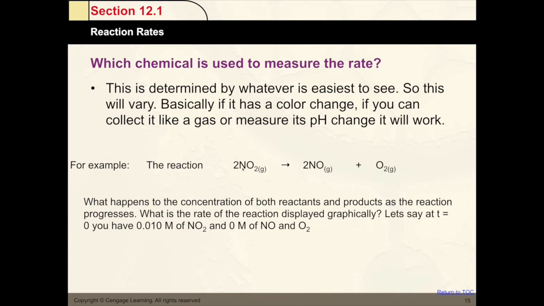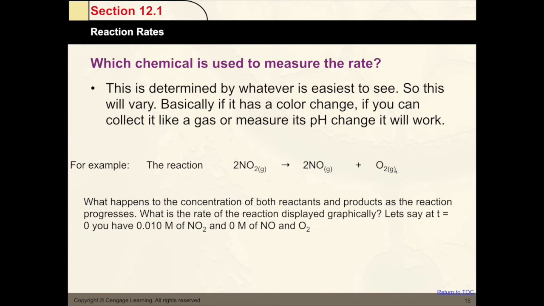You have 2 nitrogen dioxide decomposing into 2 nitrogen monoxide plus oxygen. And if you were to look at the coefficients here, you have 2 to 2 to 1. And if you're talking about at time equals 0, and let's just say that we had 0.01 molarity of this compound, you would assume that you'd have 0 of this and 0 of this, and you would let the reaction take place.